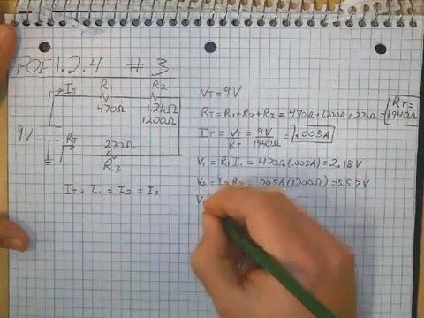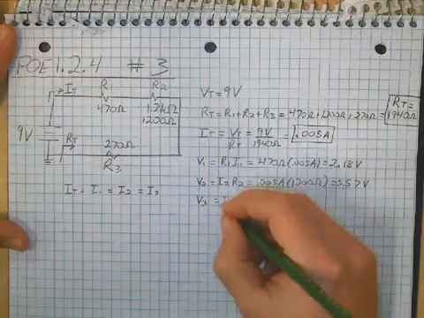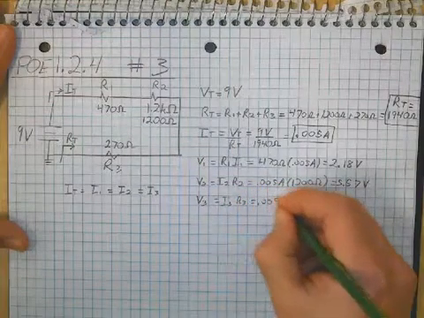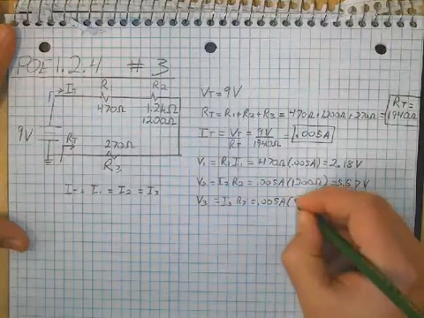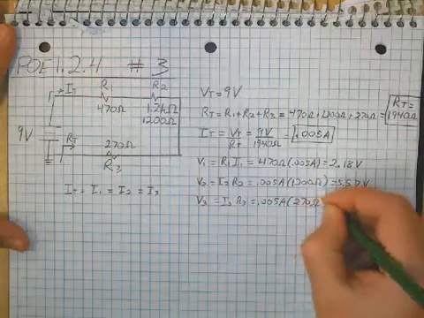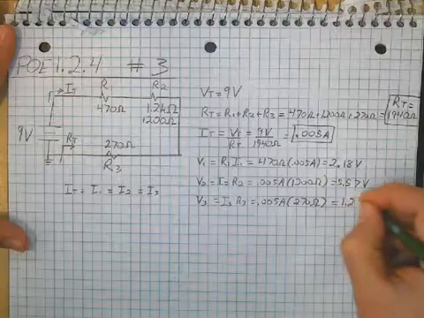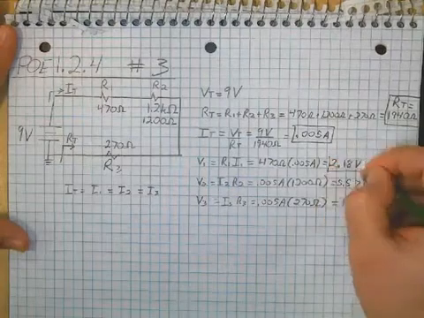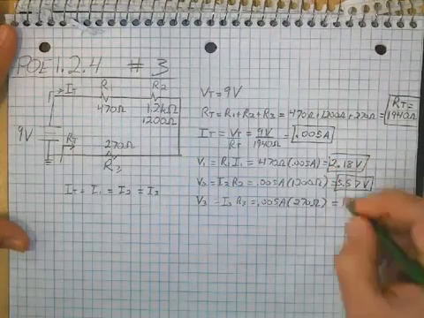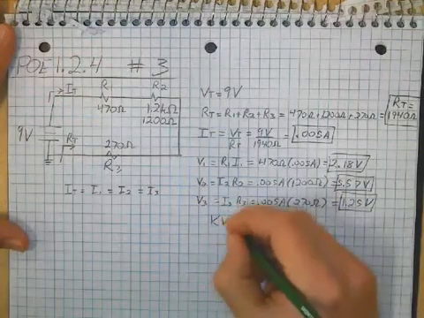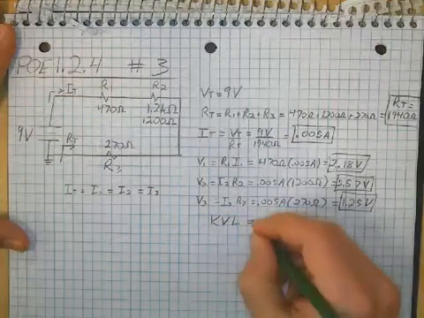V3 equals I3 R3 equals 0.005 amps times 270 ohms, and that will give us 1.25 volts. So there are my answers there.